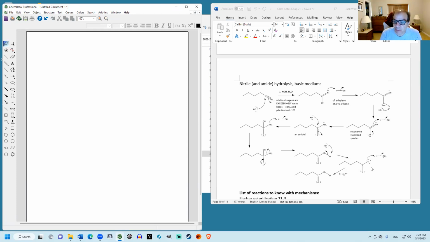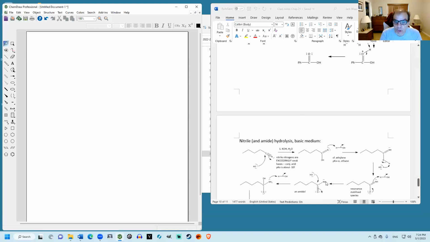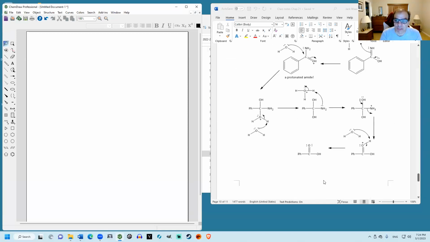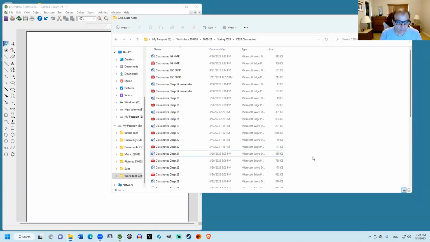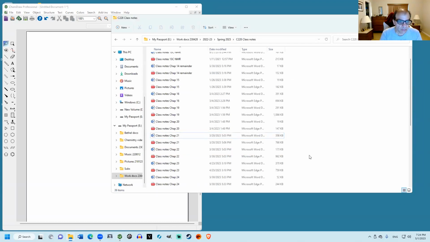That gives you the carboxylate ion, which after acidification gives you back the carboxylic acid. So all those mechanisms are in your class notes. Gosh, that was only chapter 21.